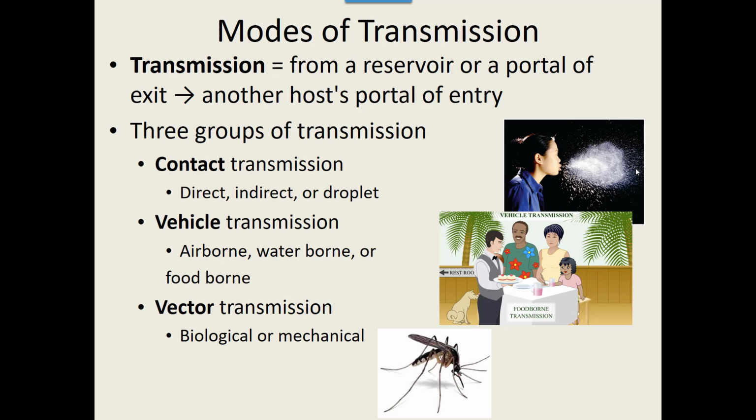Now, vehicle transmission means they get picked up from one thing to another through something else that transports them. One is airborne, where these particular microbes will travel in the air, usually in some type of aerosol, for more than a meter, which means they can travel larger distances.